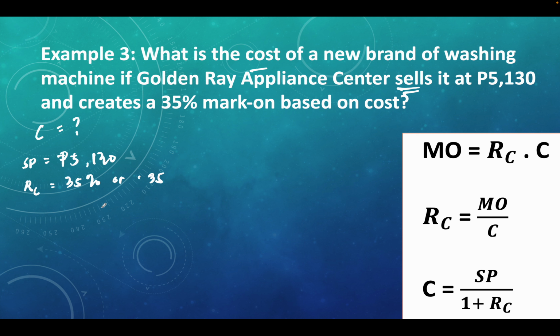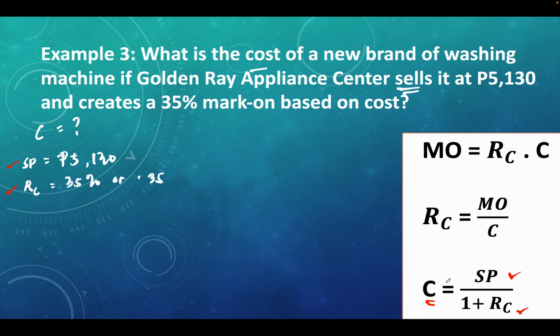Okay? So what we will do now, we are looking for the cost. So here, we have this formula. In here, the cost is what we are looking for, which is this one. And the selling price is given in here, which is this one. And the rate based on cost is also given.